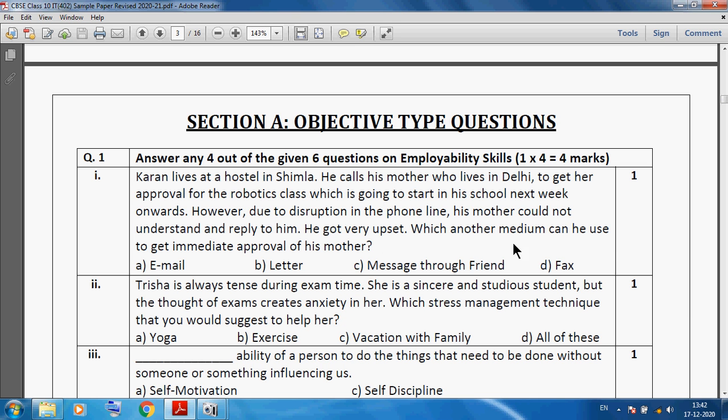Which other medium can he use to get immediate approval of his mother? We have 4 possibilities: email, letter, message through friend, and fax. So this is our MCQ question. You will select the correct answer. It is a 1 mark question. So out of 6 questions you will attempt 4 questions.